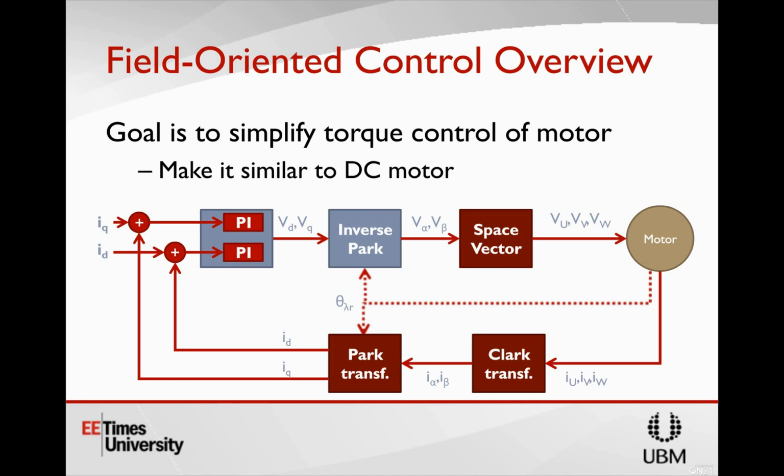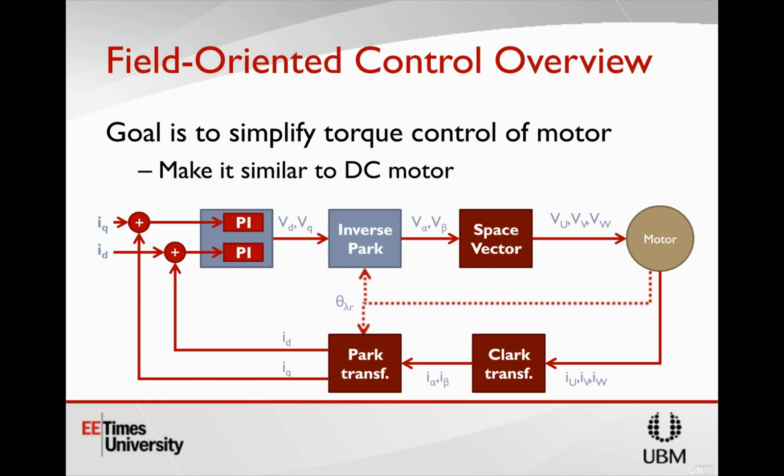We say apply more voltage or less voltage such that we get more current or less current, because the motor is effectively just a giant filter. It's taking that modulation, that voltage, and then we're looking at the current that we're generating in that system.